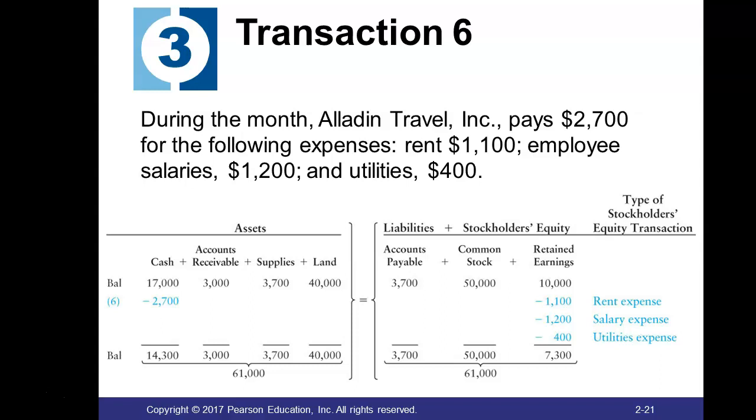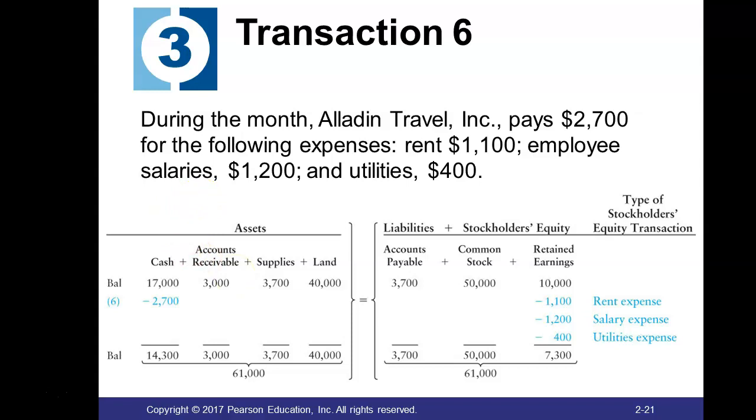This is a very, very general rule, and I think you can rely on it. If $2,700 was paid, we know our cash has gone down. So right here in our accounting equation, we're going to show a reduction in cash of $2,700. And based on the information, no other asset is affected here. So we can skip over AR, supplies, and land.